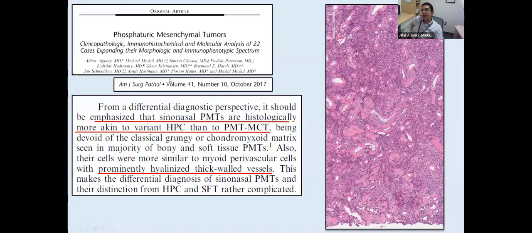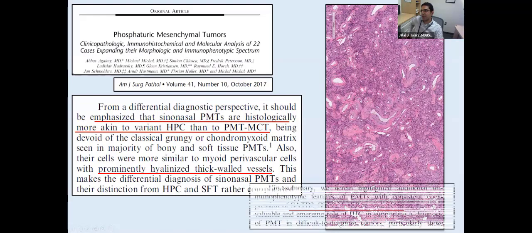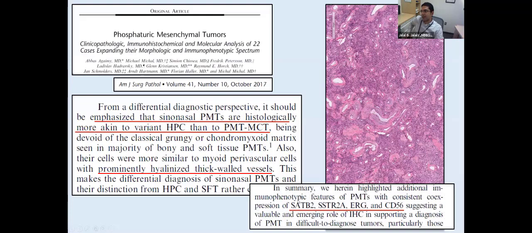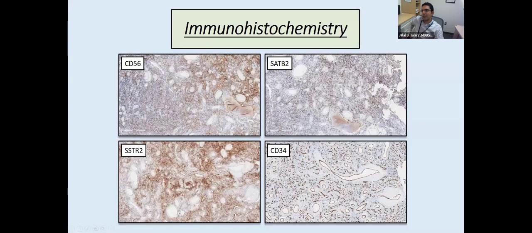In a recent analysis of cases, it has been shown that these characteristically will stain with SATB2, SSTR2A, ERG, and CD56. So those stains were done, and you can see here that this is beautifully staining with these markers. I'm showing CD34 here because it's nicely highlighting the vessels and not so much the tumor cells. And ERG was positive in this case, only focally though.